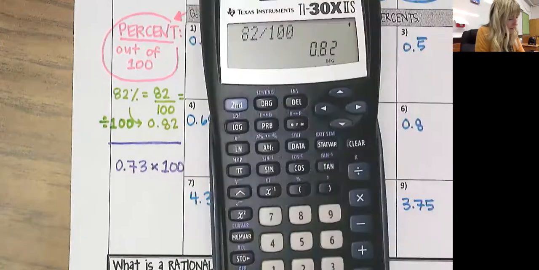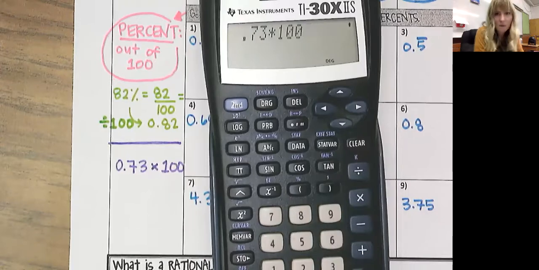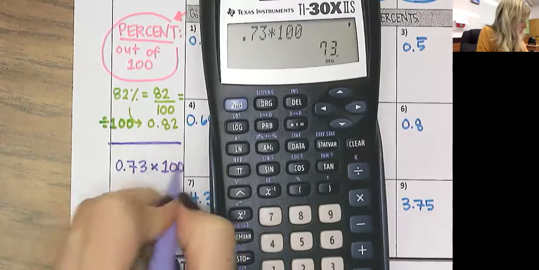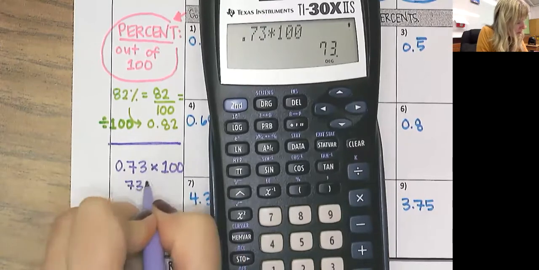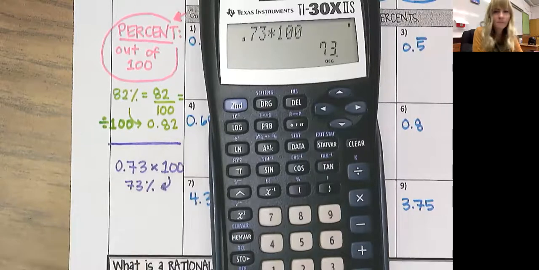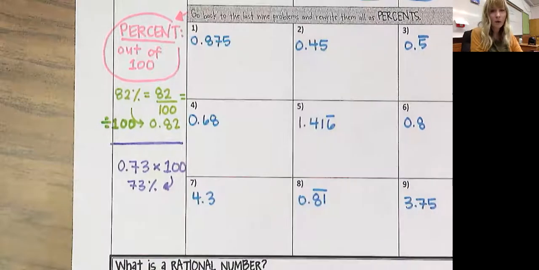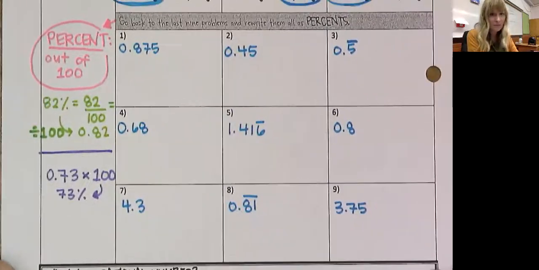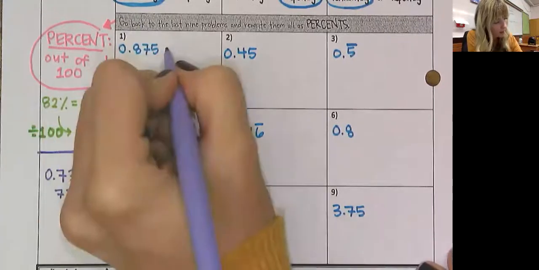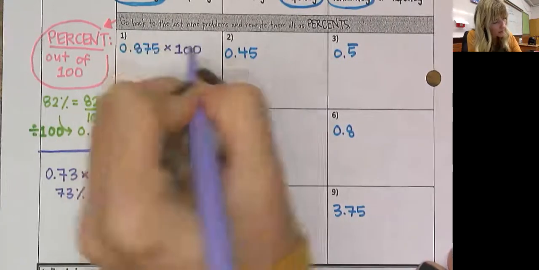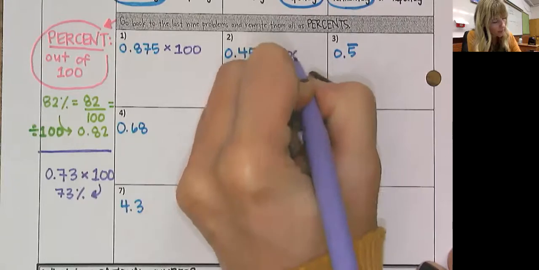And I can type that in if I need to, or do it in my brain if that works for me. But if I times by 100, that just takes me to 73%. So you can work back and forth. You're either dividing by 100 or you're timesing by 100. So in all of these problems here, if I have a decimal and I want to make it a percent, all I have to do is times them all by 100.